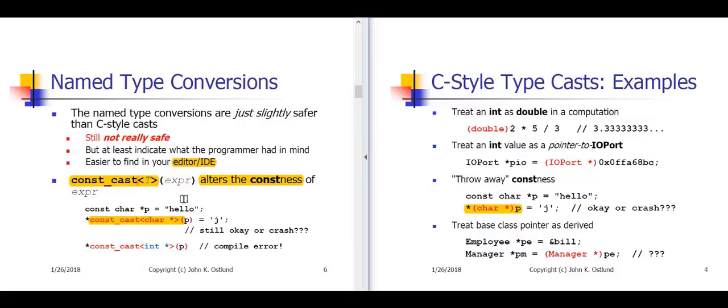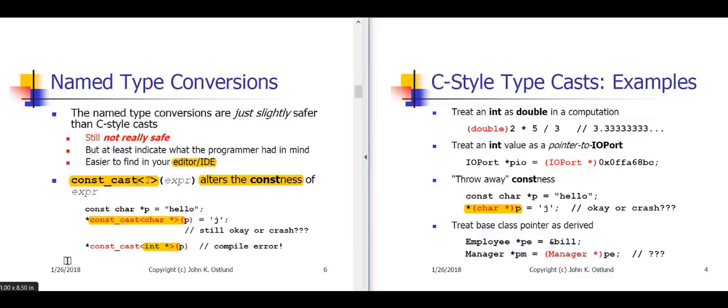Now, adding or eliminating constness is the only thing that const cast is allowed to do. It's more restricted than a C-style cast, which can do anything. For example, if you attempted to use const cast, as we're doing here on the bottom of slide 6, to convert P into a pointer to int, this would give you a compile time error, because not only are you eliminating const there, but you're actually attempting to change the data type of P's value as well, and that's not allowed.